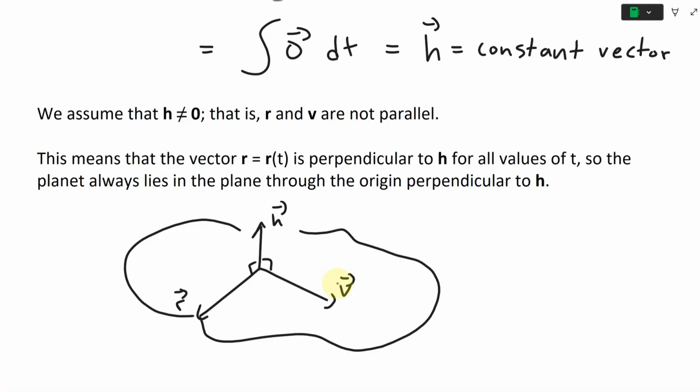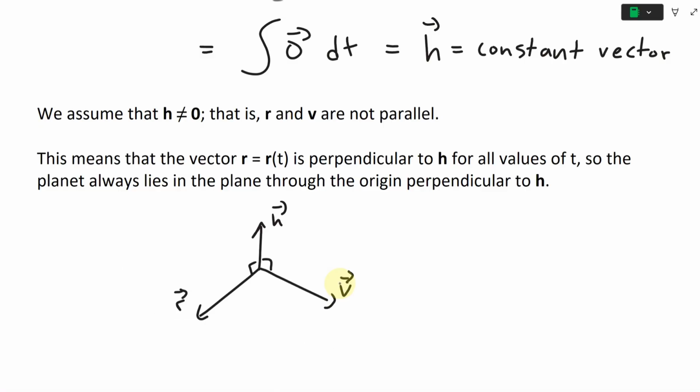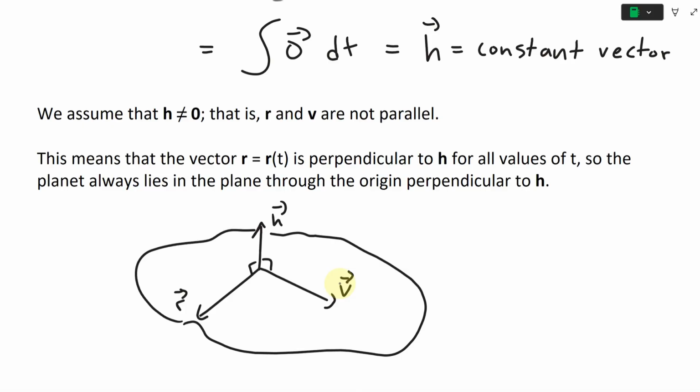Also, this velocity vector is just the velocity vector put at the origin, and it would be tangent to the curve. It doesn't matter what the curve is, it's always going to be on the same plane.